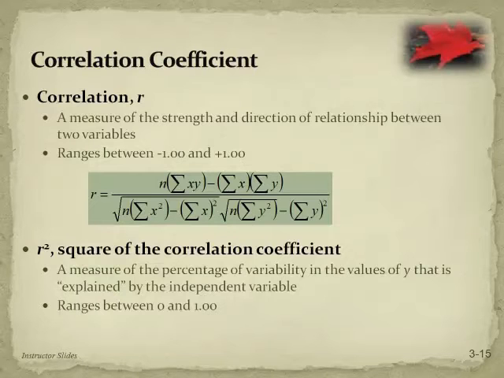Now we'll change gears a little bit here and talk about something a little bit different. Now this is related to associative forecasting. So I have some predictor variables that I think are good predictors for the demand for the thing I'm trying to forecast.